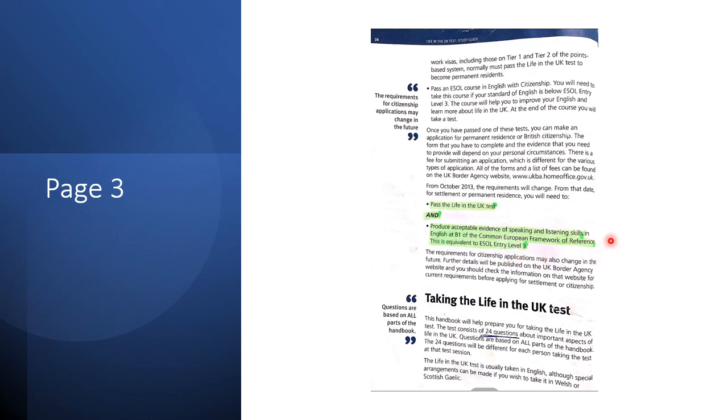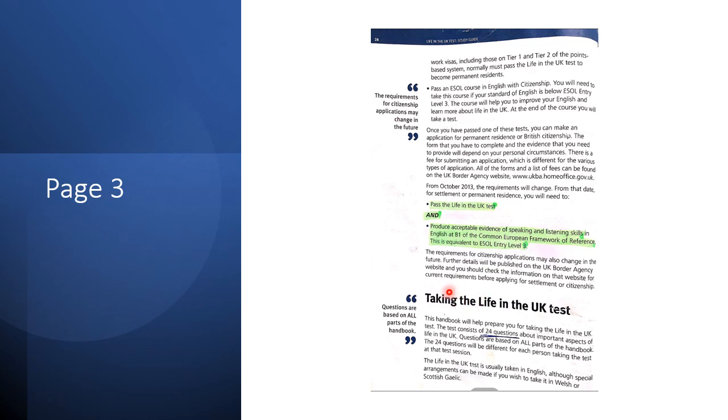So what they did was terminate entry level 1, entry level 2, and entry level 3 ESOL tests. Now you can only do B1, either from Trinity College or Cambridge, whatever, but B1, which is equivalent to ESOL entry level 3. So you have to have one of these, and you have to have the life in the UK test.